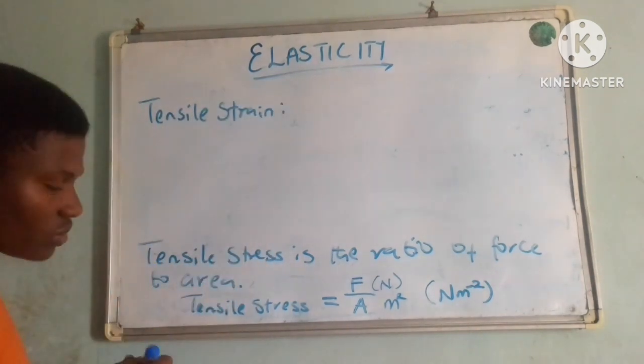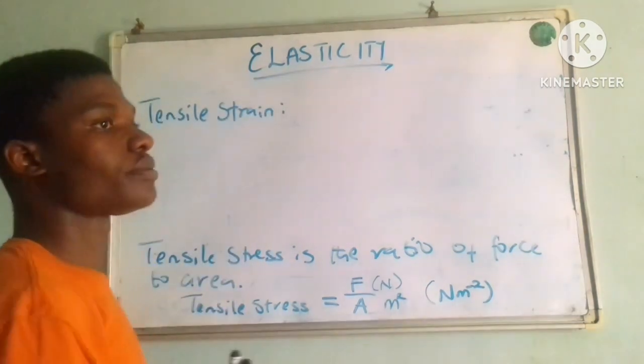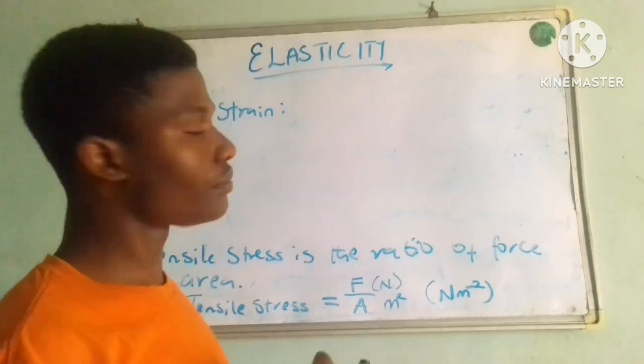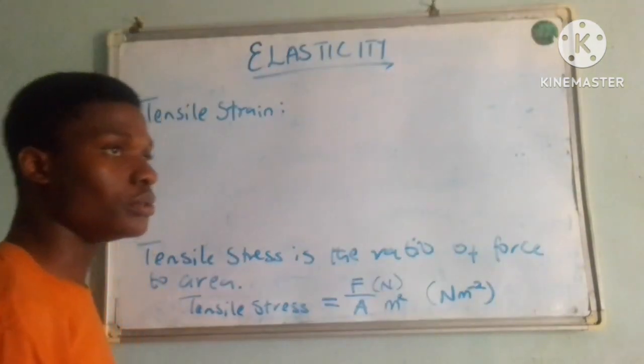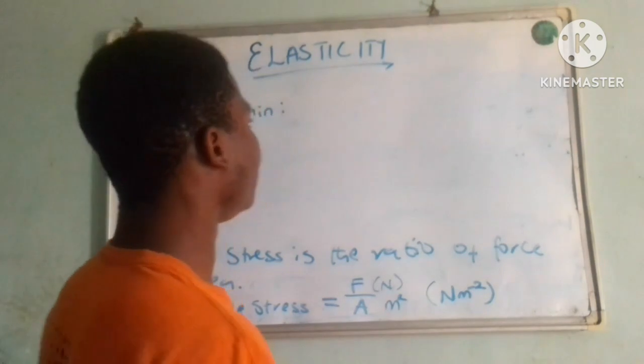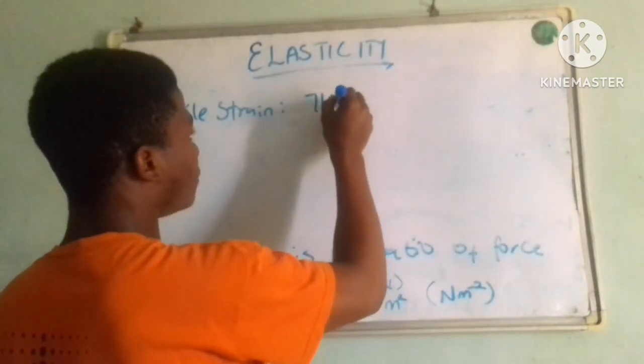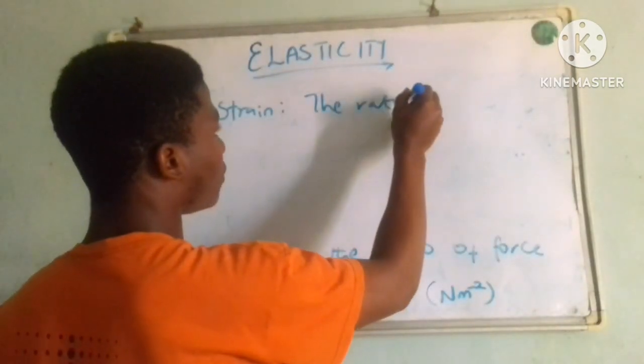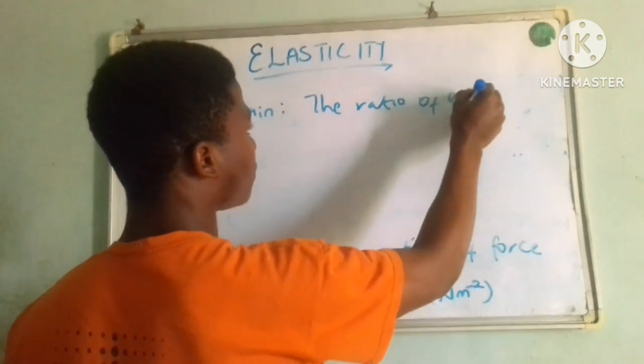Tensile strain is the ratio of extension to the original length of a material.